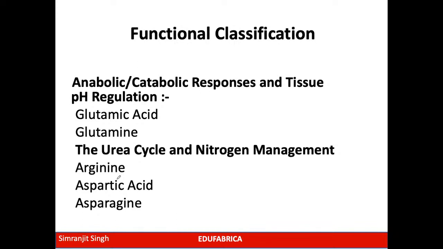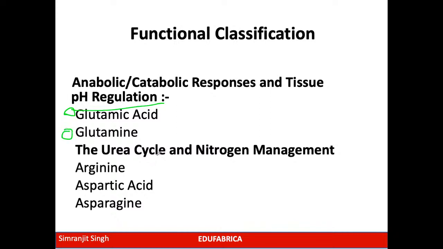Now some functional classification of these 20 amino acids, how they are grouped together. As we discussed yesterday, there are anabolic and catabolic responses and tissue pH regulation. In order to maintain that, we need glutamic acid and glutamine.